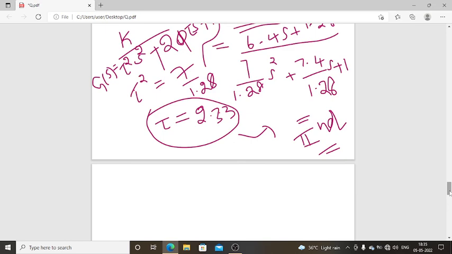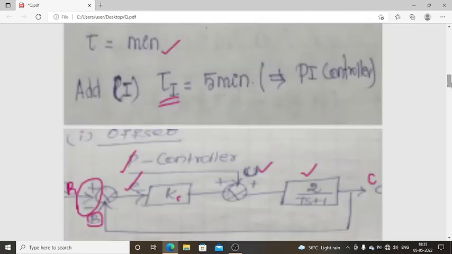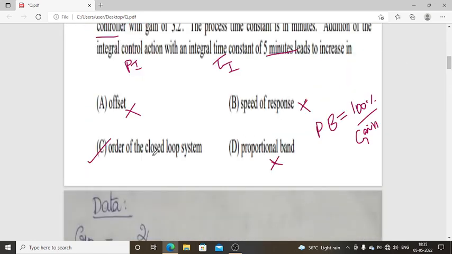So the order of the system is increasing. That's why this is the right option for this question: the order of the closed loop system increases with the addition of the integral action. Are you clear? So option C is the correct option for this question.